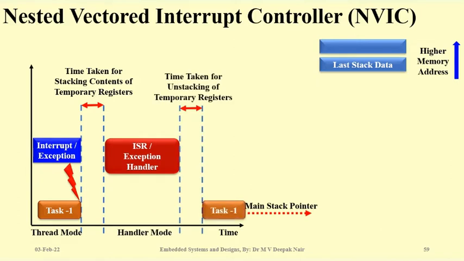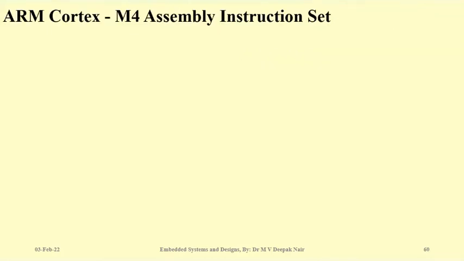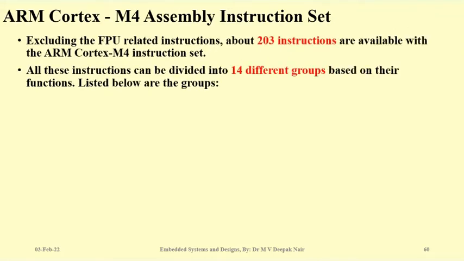Okay, so now we are going to talk about the ARM Cortex M4 instruction set. First of all, let me tell you that ARM Cortex M4 has almost 200 instructions, and these instructions can be divided into different groups.